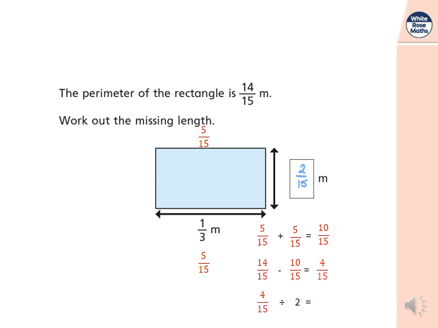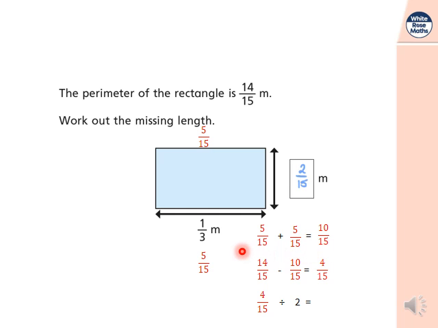Let's have a look and see. Well, if we knew that this length was 1/3 of a meter, we could have changed that to 15ths. So it was 5/15 of a meter. If this length is 5/15 of a meter, then so is this length. And we could have added those together to get 10/15.